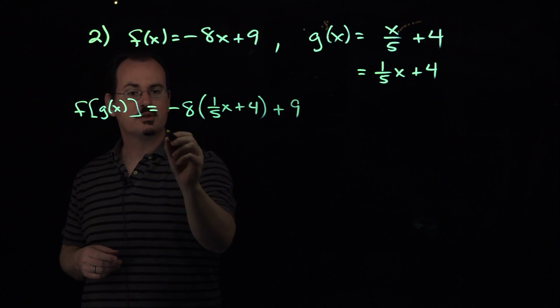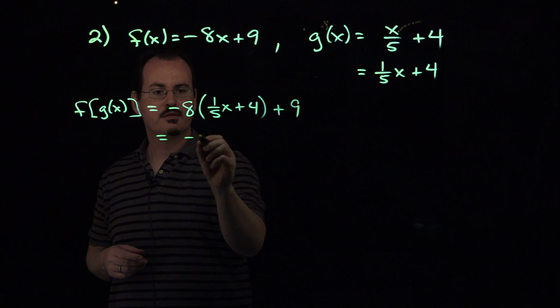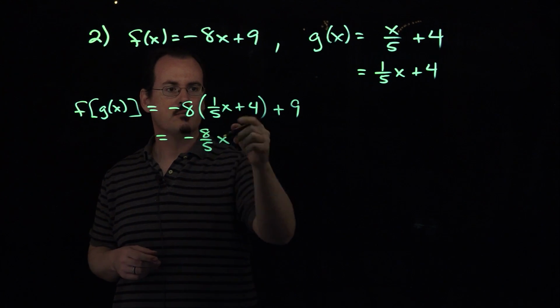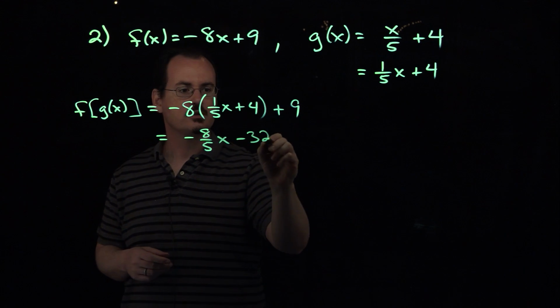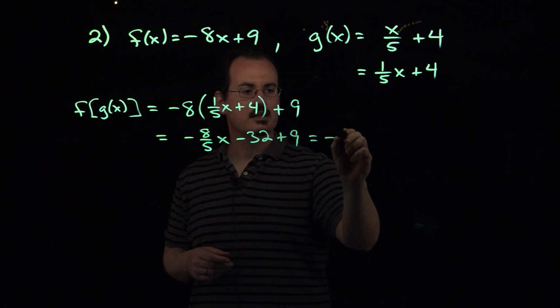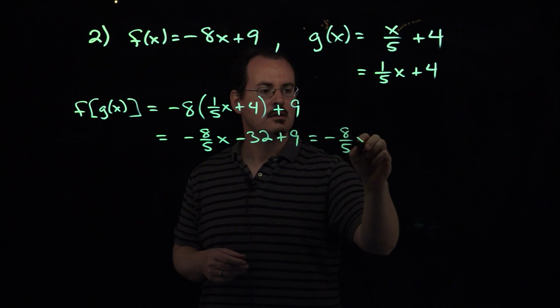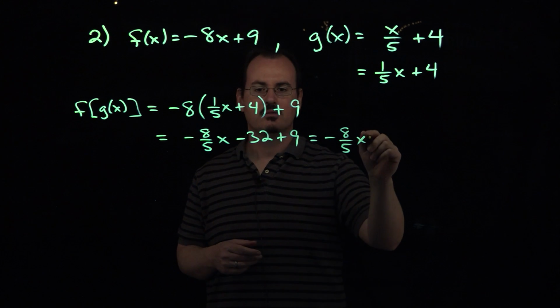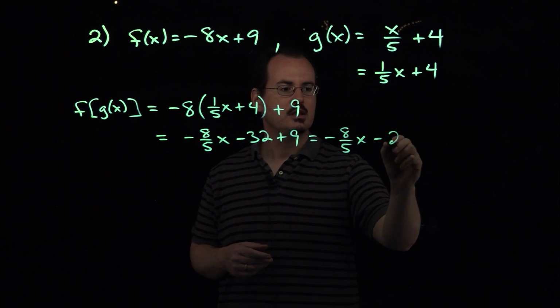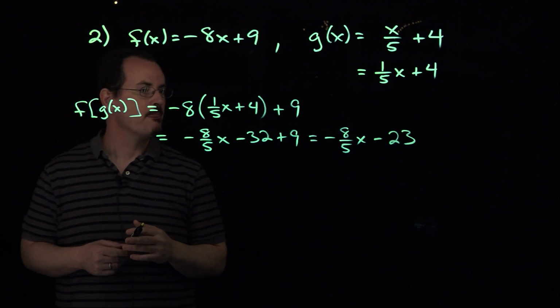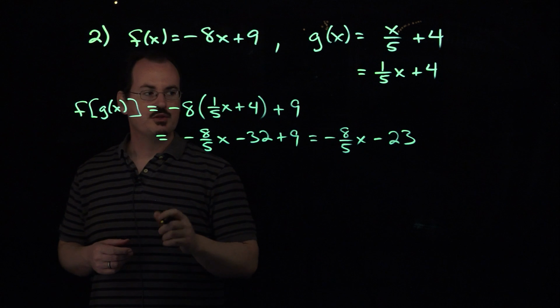So we can distribute the 8, and we'll get -8/5 x minus 32, and then plus the 9 that's still there. So that gives us -8/5 x. And then minus 32 plus 9, what's that, 23, so -23. So there we go. There's the simplified version of f of g of x.